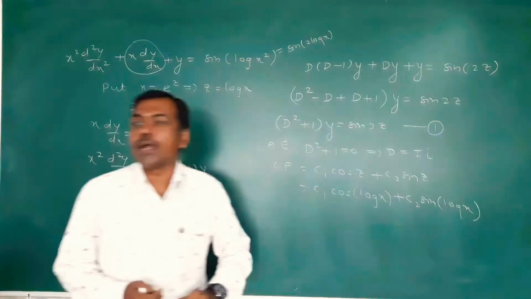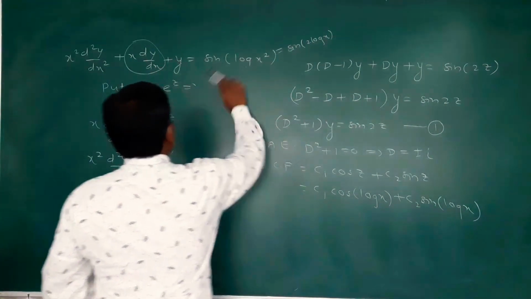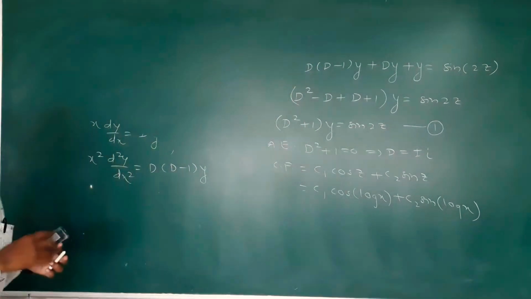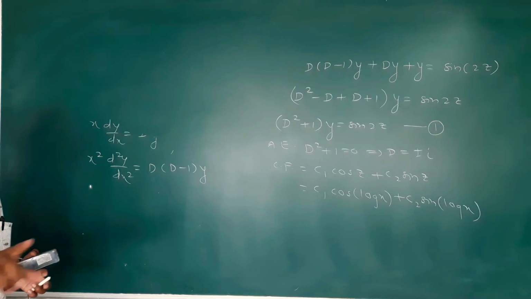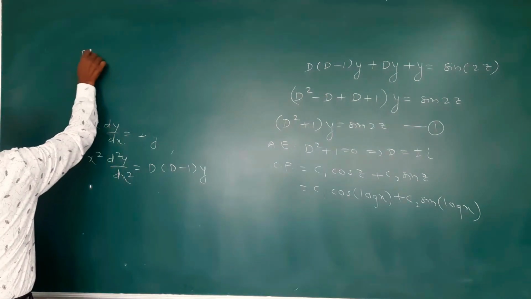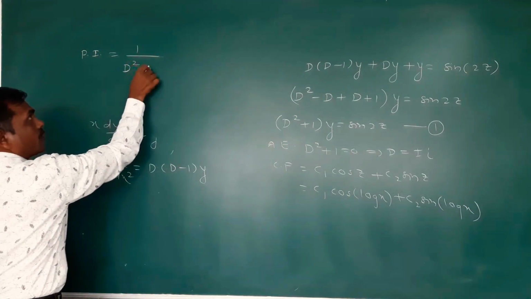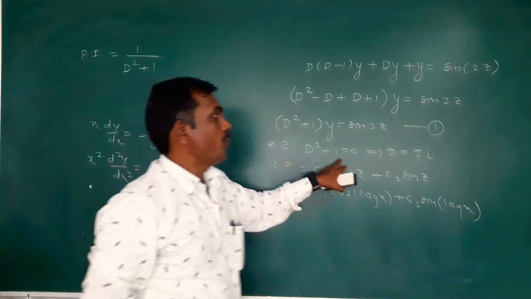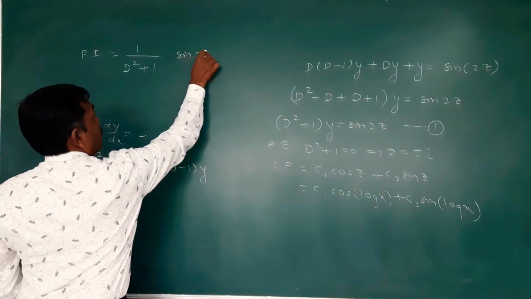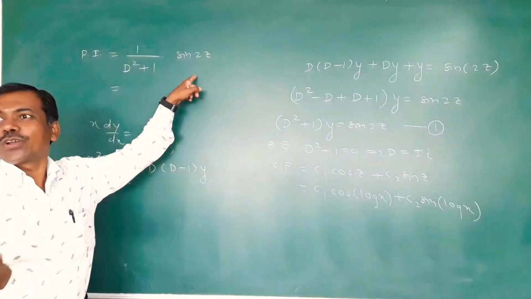Now let us find PI. For PI, we need the shortcut method. I'm going to use only the shortcut method. Keep in your mind, so focus on the shortcut method. So here PI is equal to 1 upon D square plus 1 applied on sin 2z. What is the formula for sin in the shortcut method?